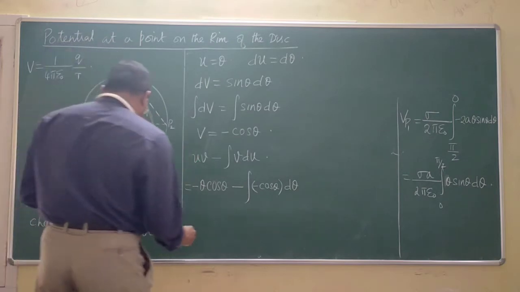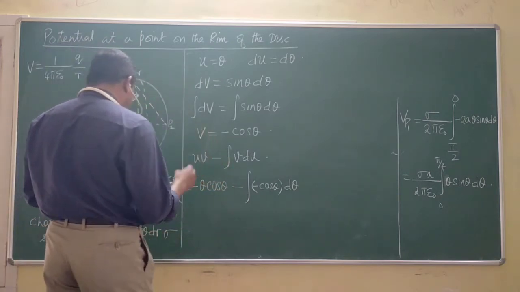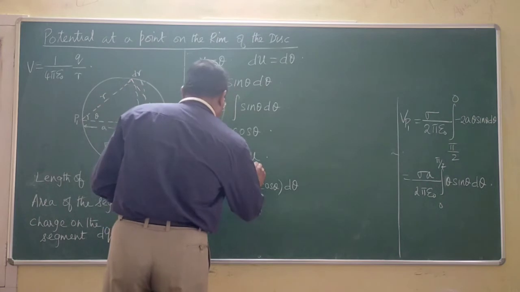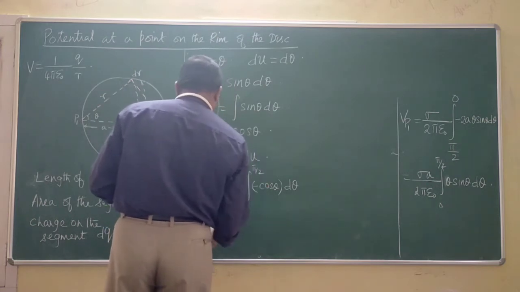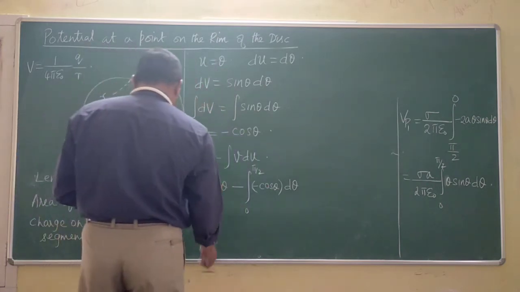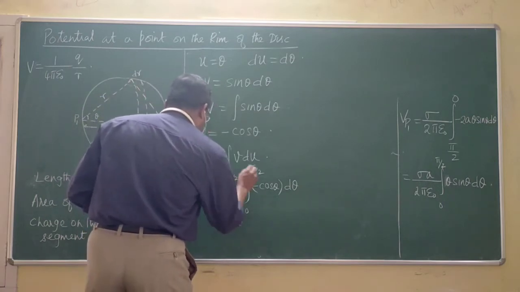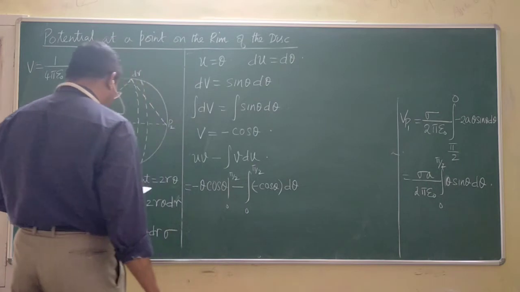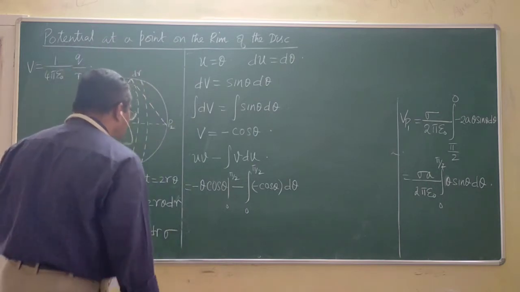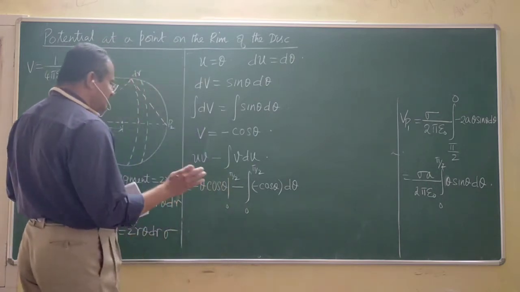Now, we have to apply the limits. This is 0 to pi by 2. We have to apply the limits here as well. I will write it here, 0 to pi by 2. Is that okay to you? Now let's make things very simple.